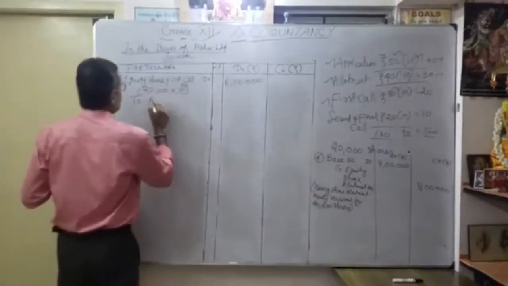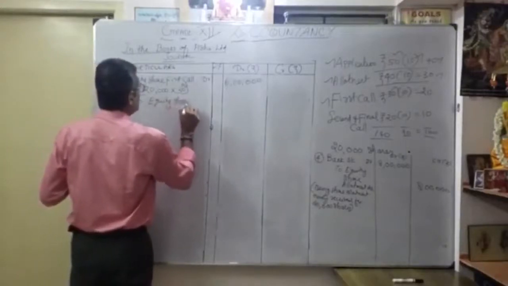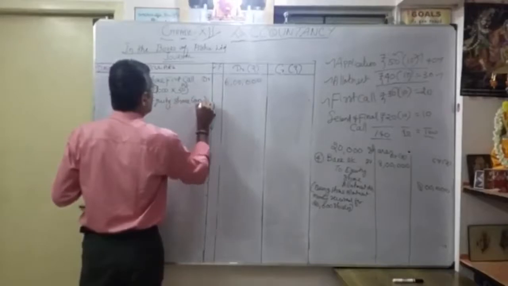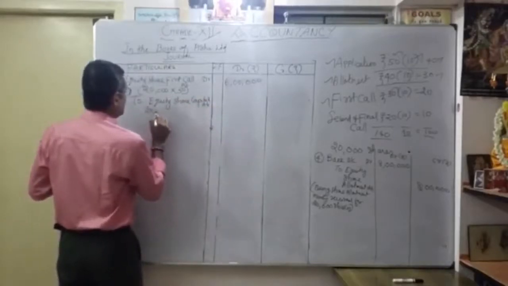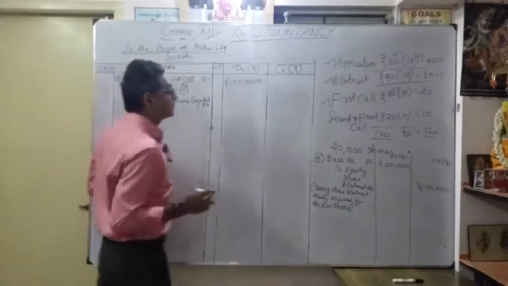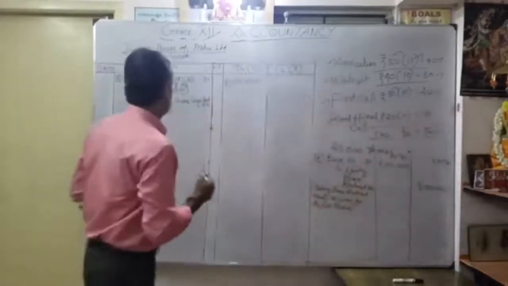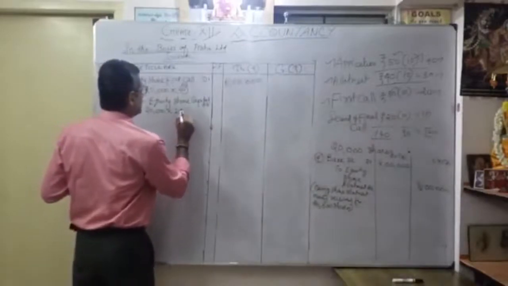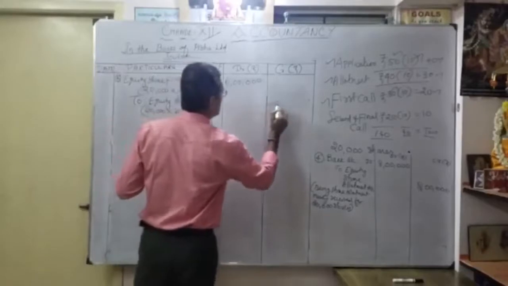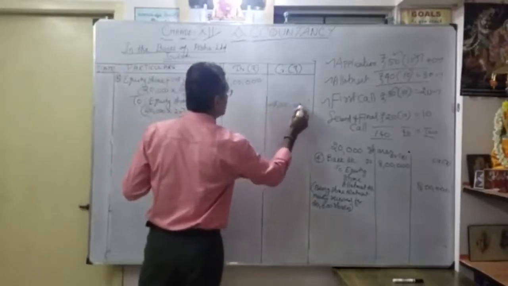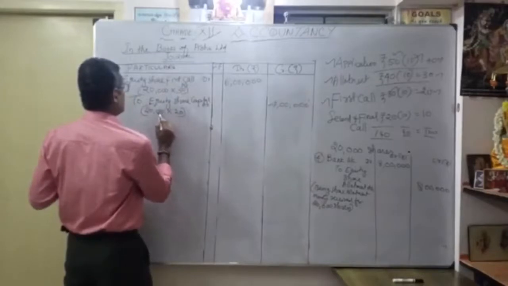To equity share capital account. How much? 20,000 into this value, correct? This 20 rupees. That's what we are going to transfer. Equity share capital account. 20,000 into 20 how much? Become 4 lakhs.